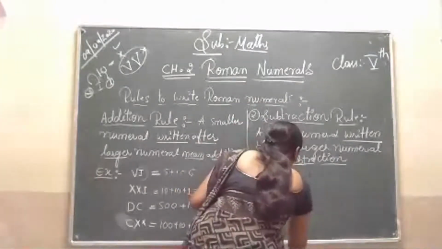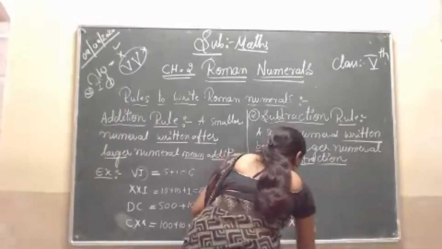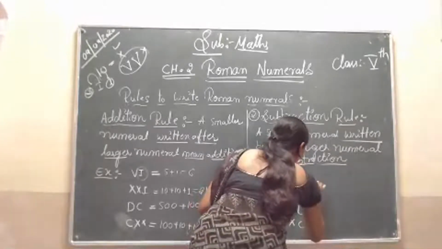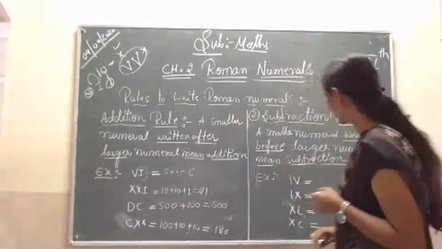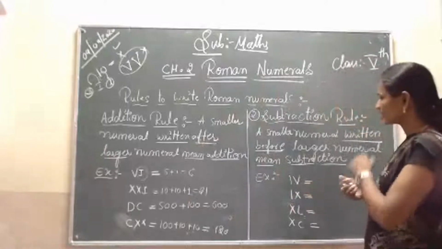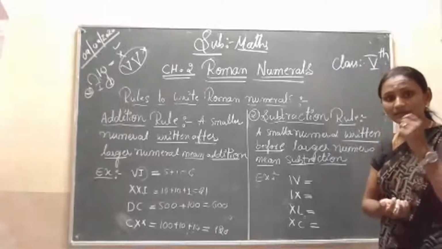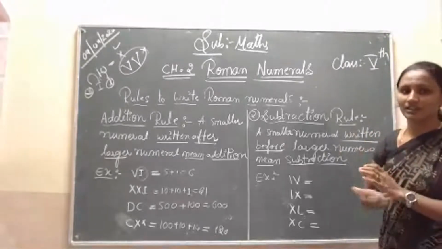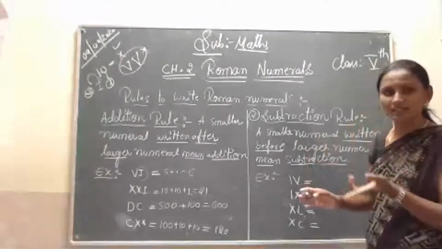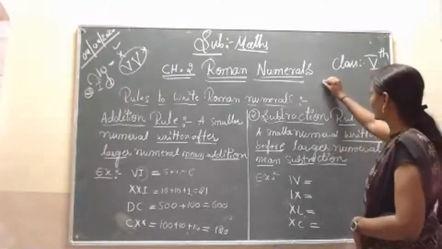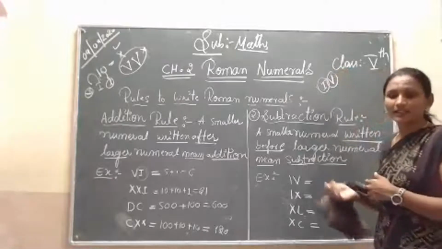IV, IX, XL, XC. Yes, students. So IV. Observe the definition; if you know the definition, you know how to solve the exercises. A smaller numeral written before. Here in IV, this is the smaller and this is the larger.